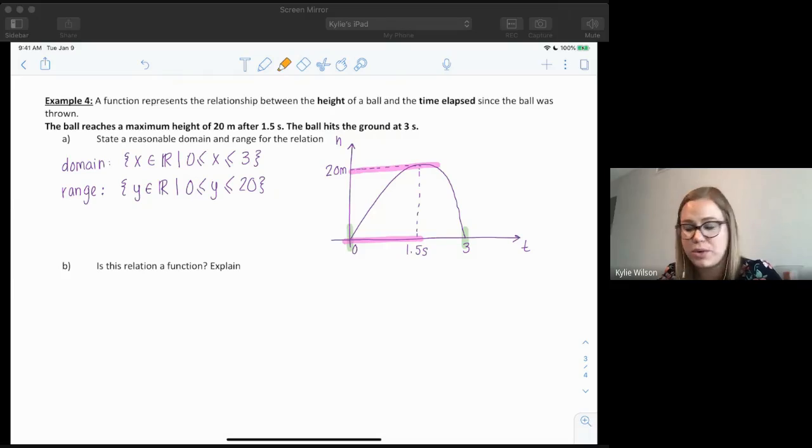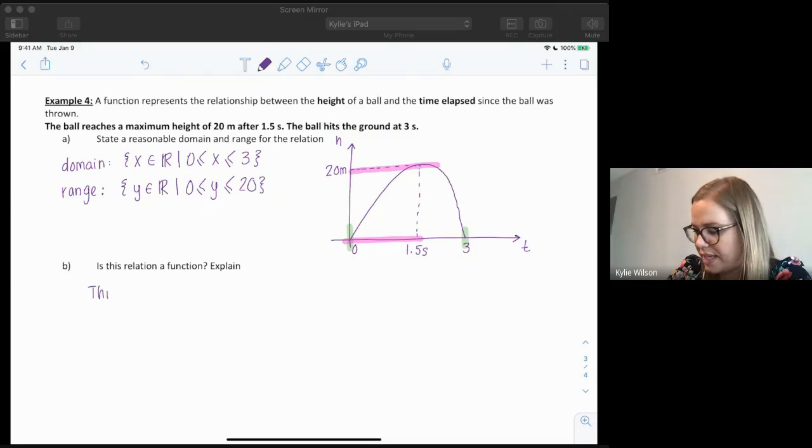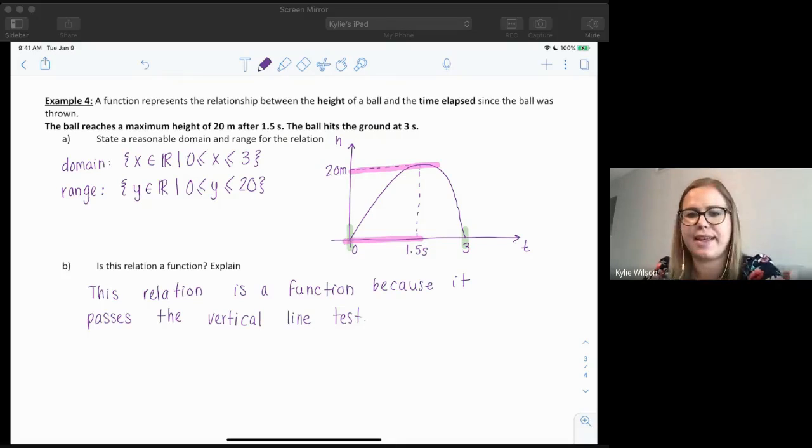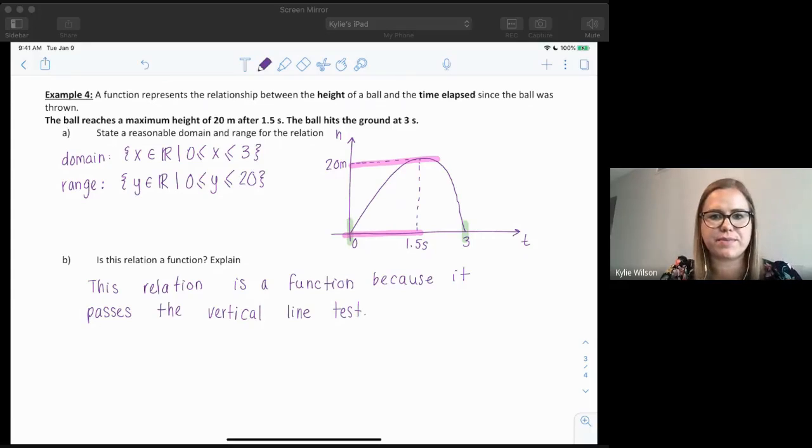So because it won't, we can say this relation is a function because it passes the vertical line test. And that is our final answer.